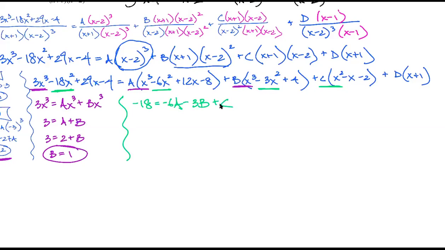And when I do that, I've chosen a situation where I already know a and b, so the only number I don't know is c. So negative 18 equals negative 12 minus 3 plus c, or this gives us c equal to negative 3.